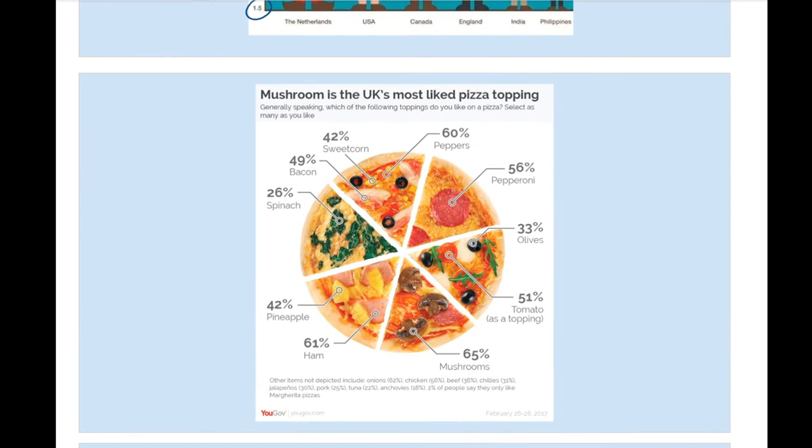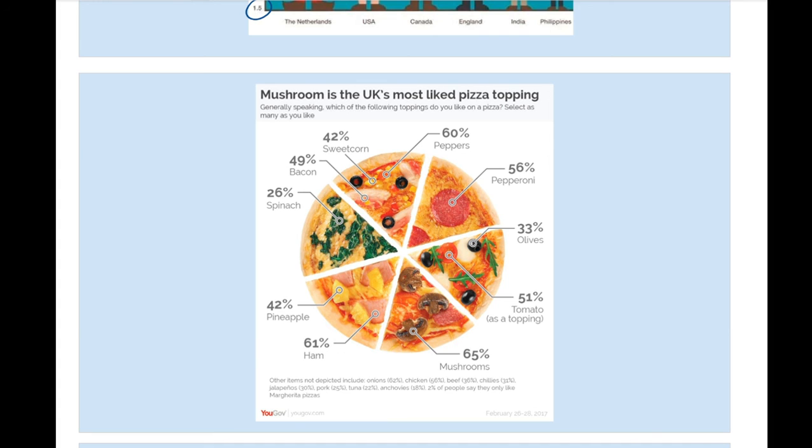Looking at a graph showing the percentage of people that like certain toppings. Again, this one we can see that one, the slices aren't even, or they aren't proportional to the percentages. Two, we can see that the percentages don't add up.